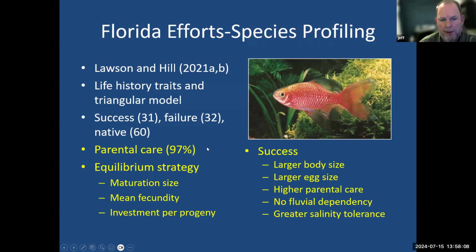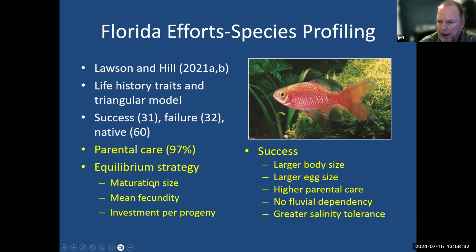So parental care was the big difference. 97% of the successful species had parental care, whereas failed species were a mix of species with and without parental care. Obviously, natives are a mix too. So the equilibrium strategy, and I'll show you what that is in the next slide, is related to basically a middling size at maturation.